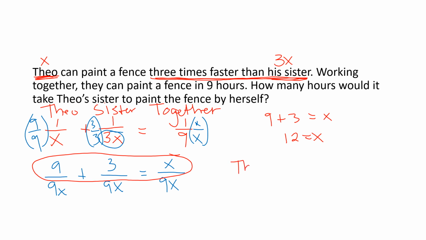Theo was x, so I know it takes Theo 12 hours to paint the fence, and it takes his sister 3 times longer, right? It said that Theo can paint a fence 3 times faster than his sister. So if he's faster than his sister, that means his sister is going to take longer. So 12 times 3 would be 36 hours for Theo's sister.